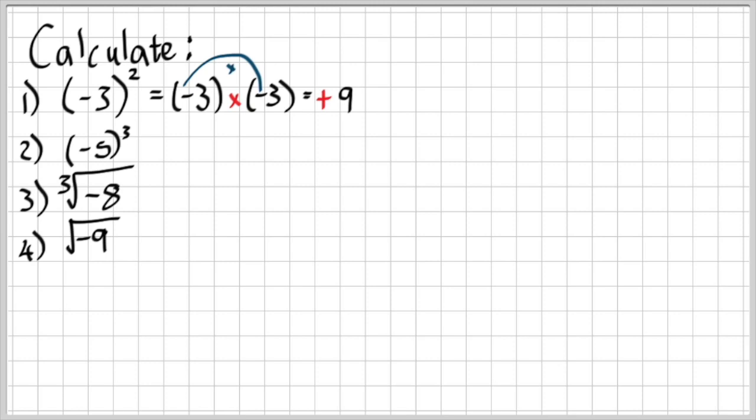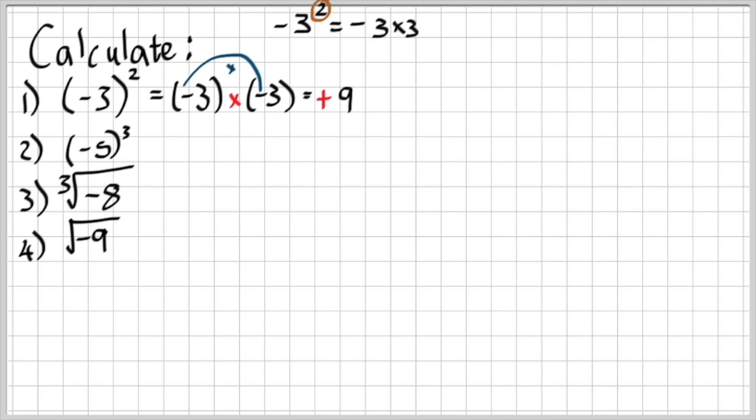Now, how would this differ from negative 3 squared, where the square applies only to the 3? Now, this is a very interesting question. In the exams, we as teachers love to ask you this. The question is, what does that square apply to? To the 3 or to the negative? In this case, it's only to the 3.